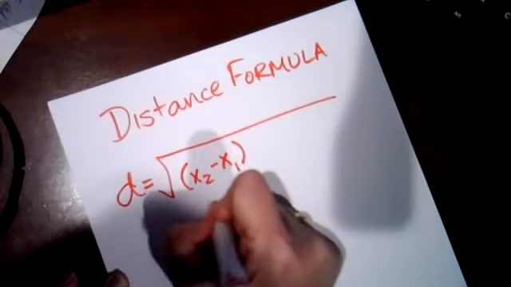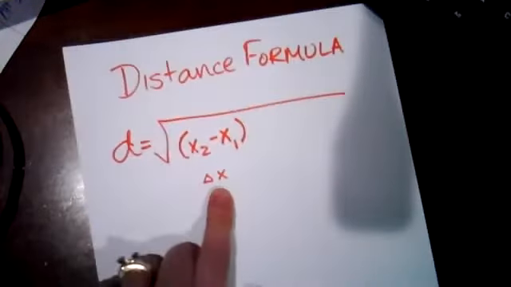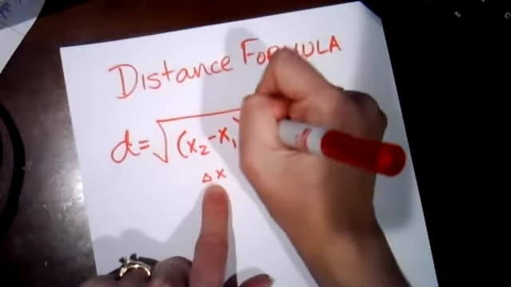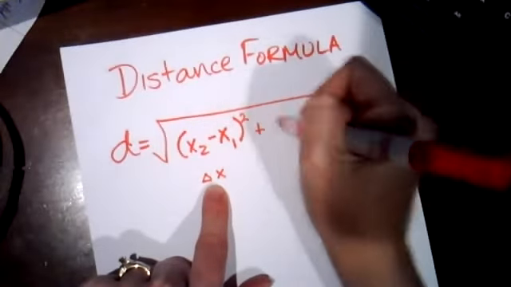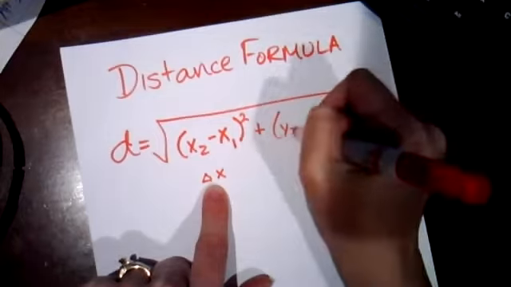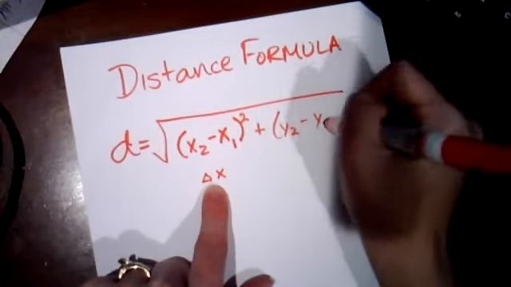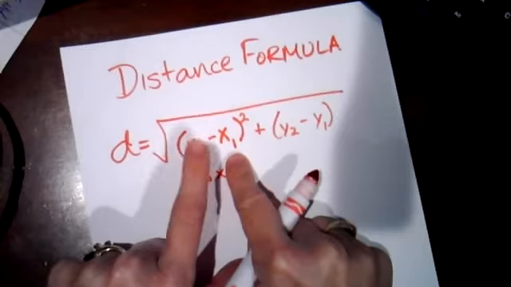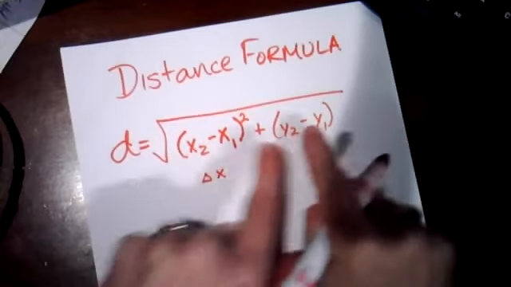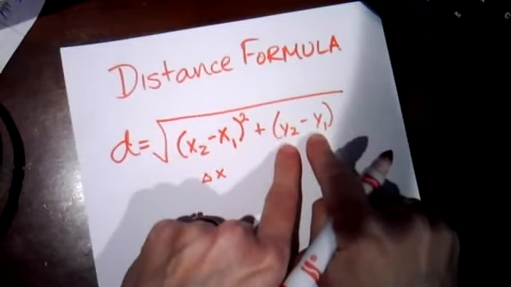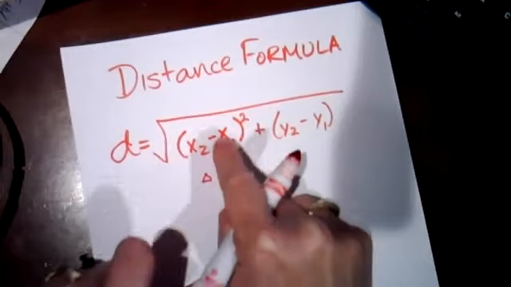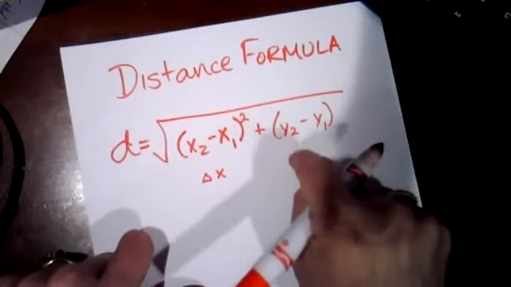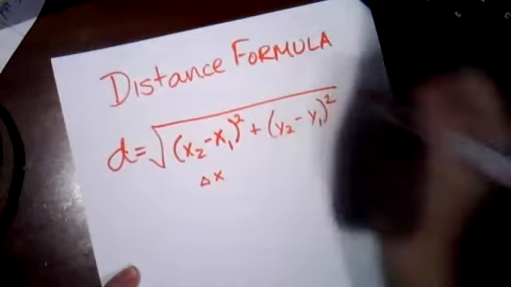I want you to put this underneath it so that you remember this is the change in x. Remember, if we ever have to do change, we are subtracting. And notice we have y1 and y2 and x1 and x2. Whatever order you do here, you have to do here. It doesn't really matter if you did x1 minus x2, as long as over here you did the same thing. Don't forget that squared.